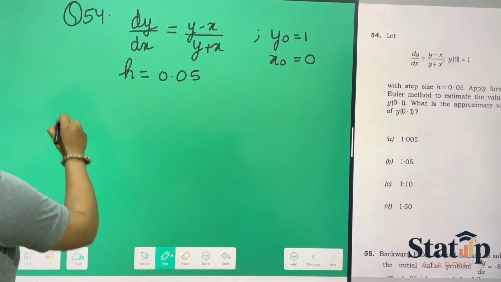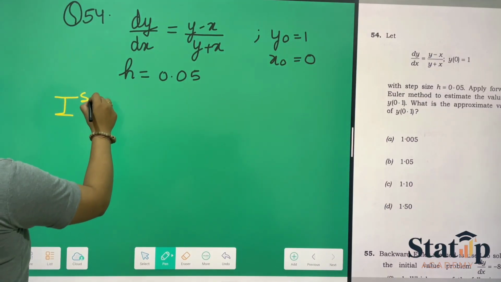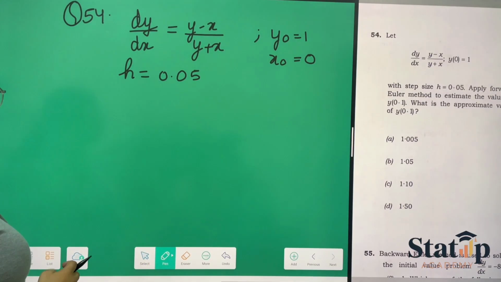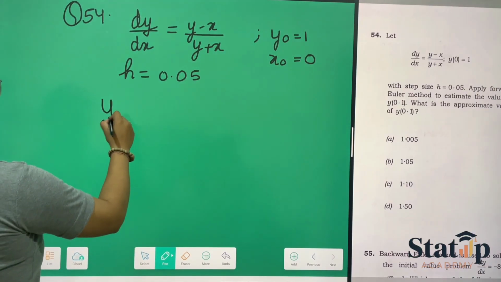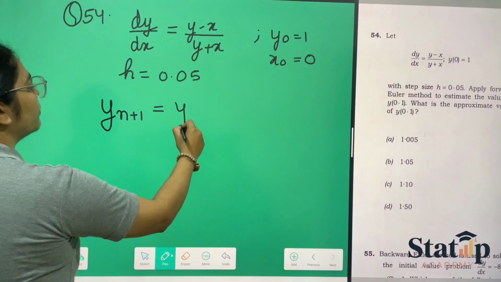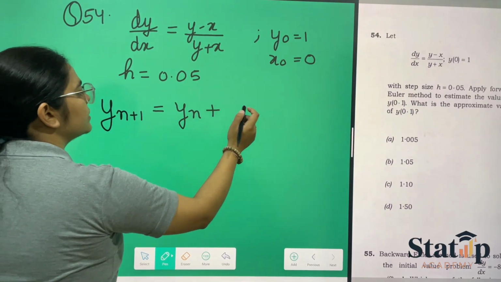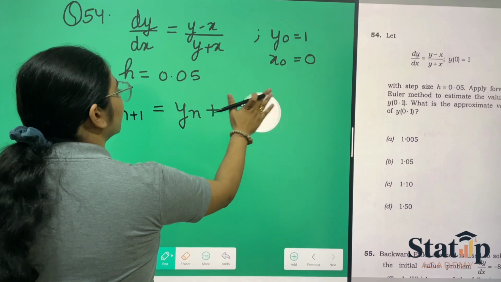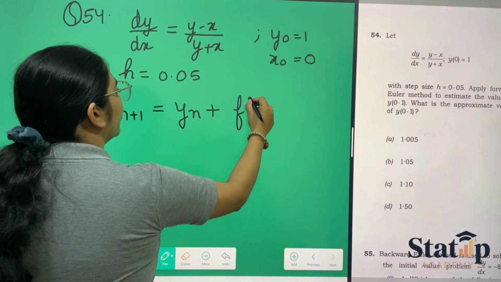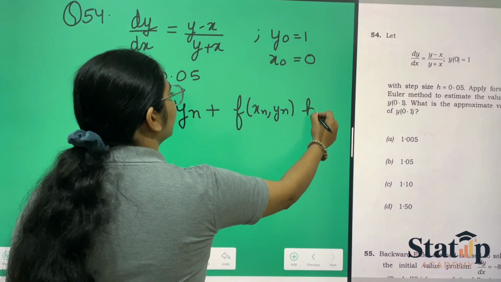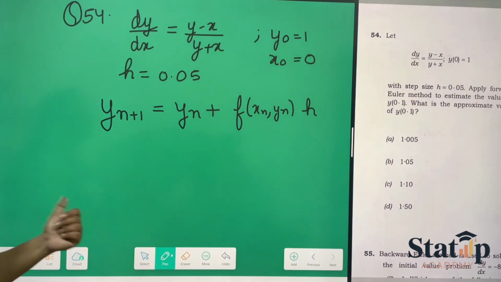That's the first step. Before writing the first step, let us write the formula for Euler's method. For Euler's method, y n plus 1 is equal to y n plus f x n, y n into h. This is the formula for calculating Euler's method.